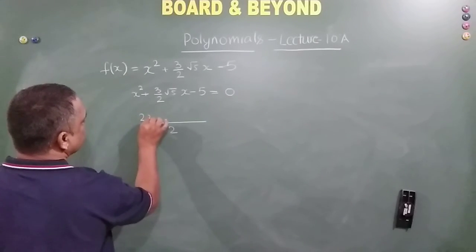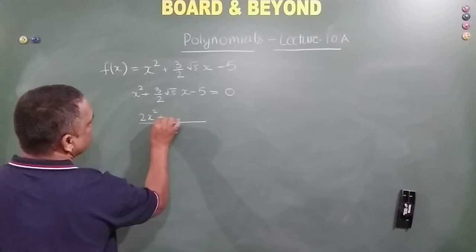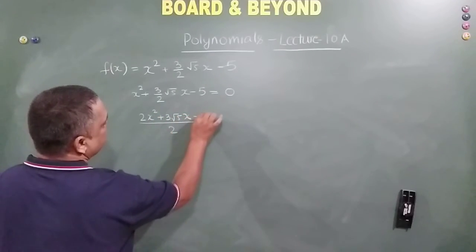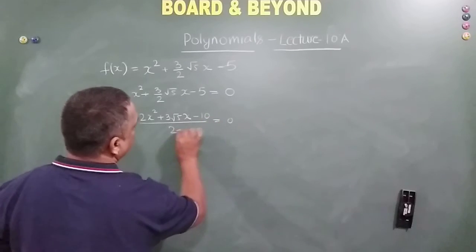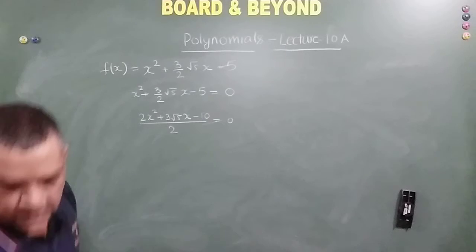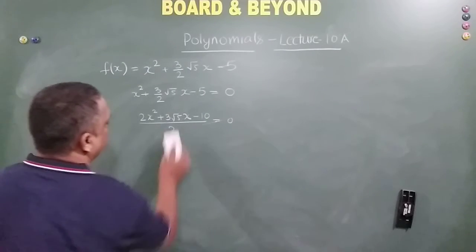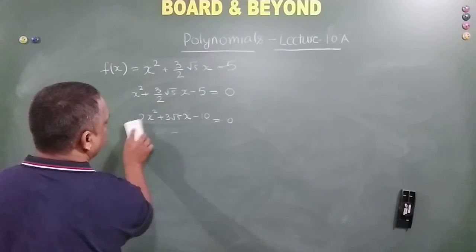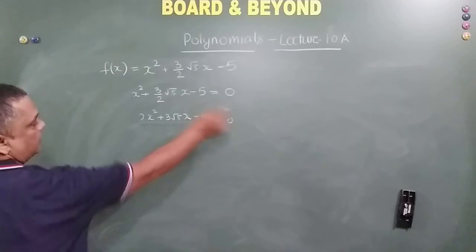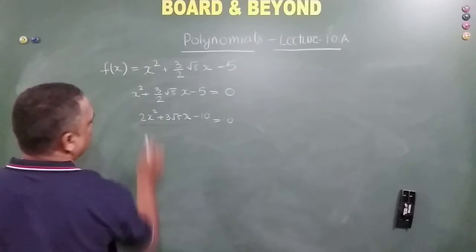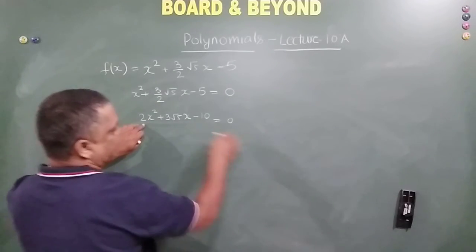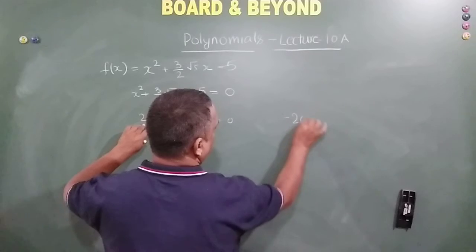This becomes 2x square plus 3 root 5 x minus 10 is equal to 0. We take this to this side, so this gets eliminated from here. So you are all okay on this. Now we try to factorize this. So 2 into minus 10 is how much? Minus 20 x square.